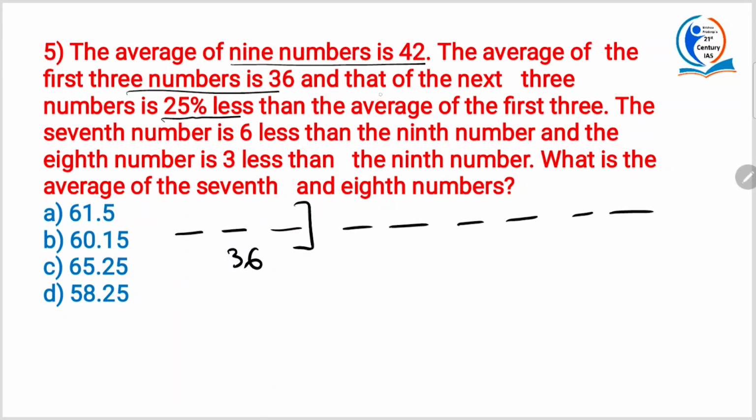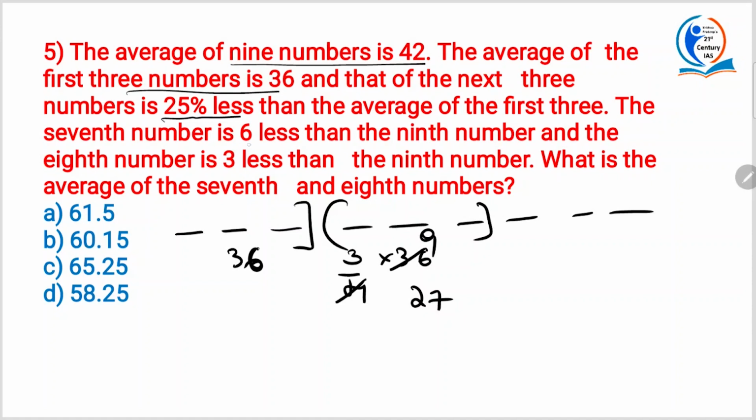Good. And then that of next 3 numbers is 25% less than the average of first 3 numbers. Okay, 25% less than this means it is 75% of this number. What is 75%? It is 3/4 of 36. That means it is 27. Average of next 3 numbers is 27.